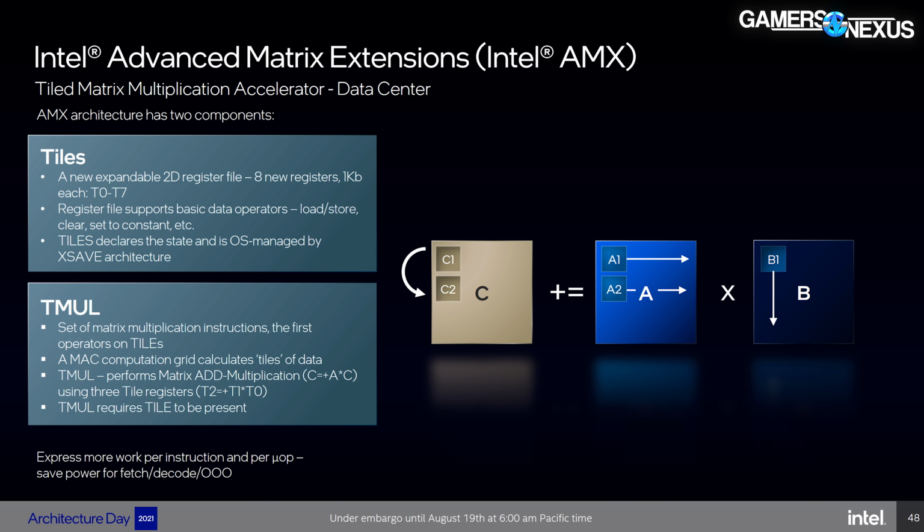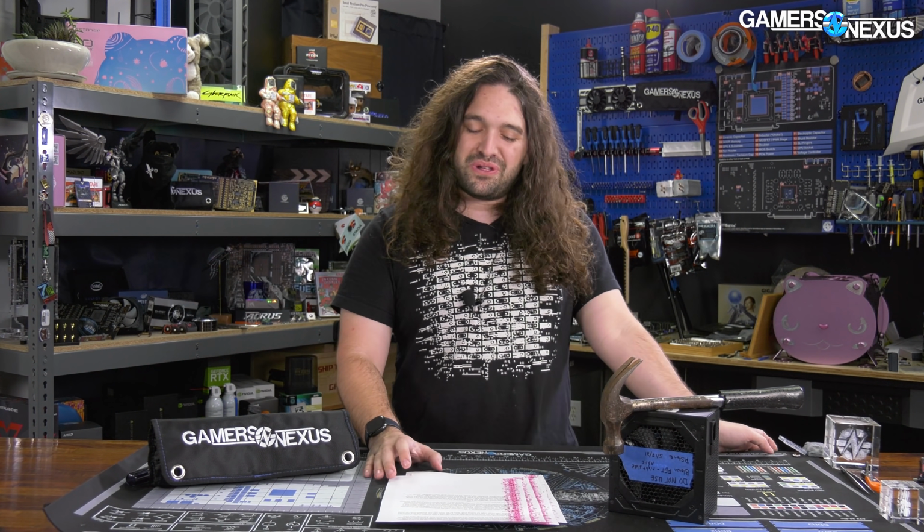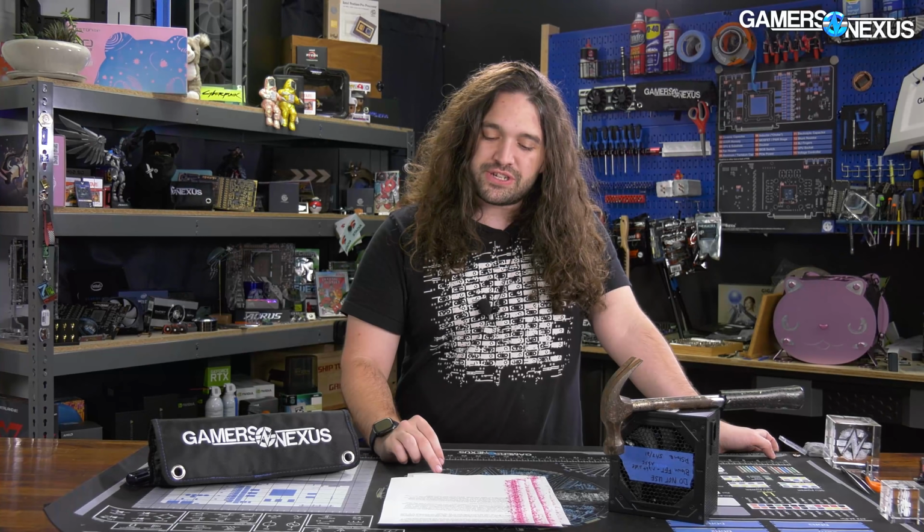As a side note, this claim is based on a peak architectural capability of matrix multiply and an accumulation of operations per cycle per core, assuming 100% CPU utilization. Intel also claims that this architecture will, quote, deliver a step function in CPU architecture performance that will drive the next decade of compute.